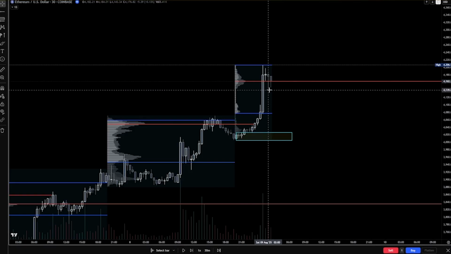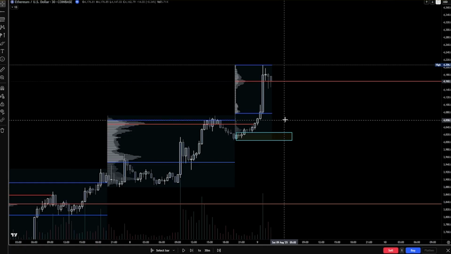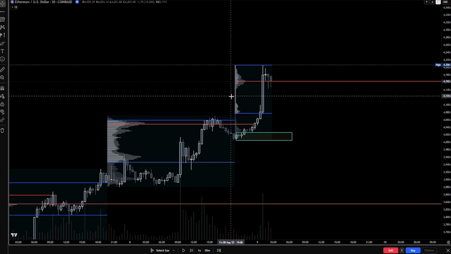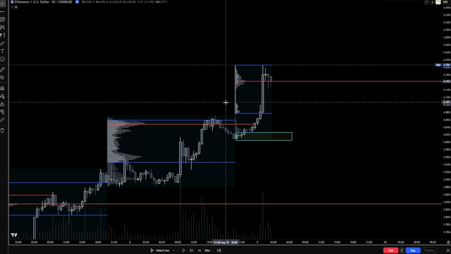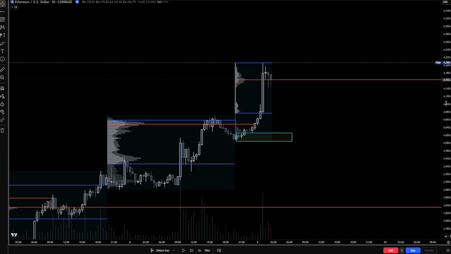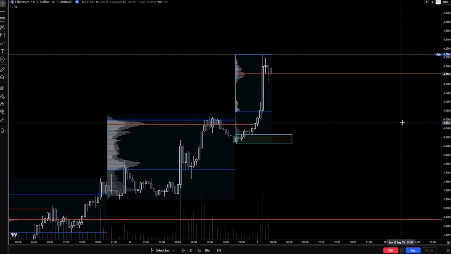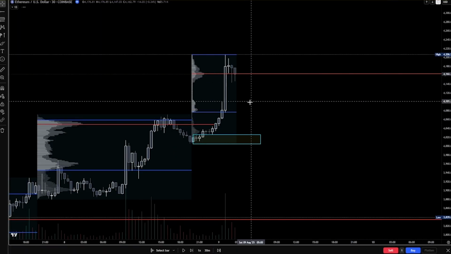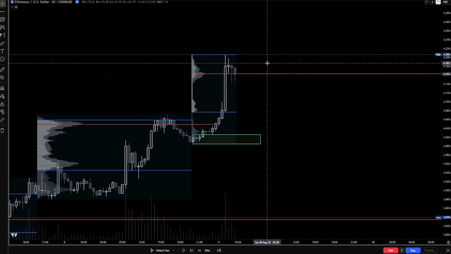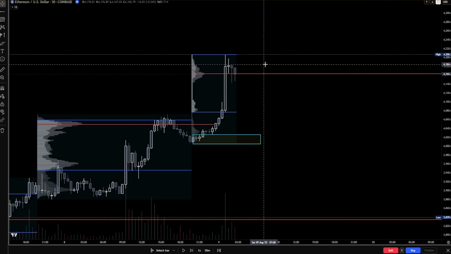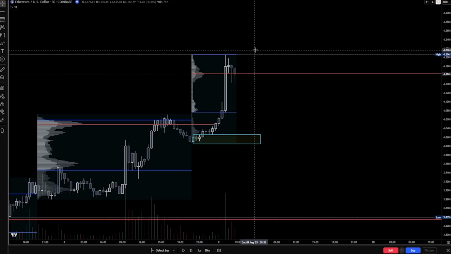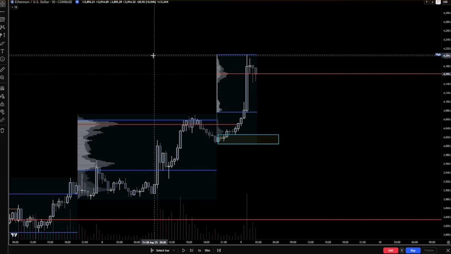That doesn't mean that it won't come back through. It has some similarities with single prints, based on the speed and the profile itself. And like single prints, when price comes back, it can move through quickly, or it can be defended, and that's called responsive action if it were to do so.